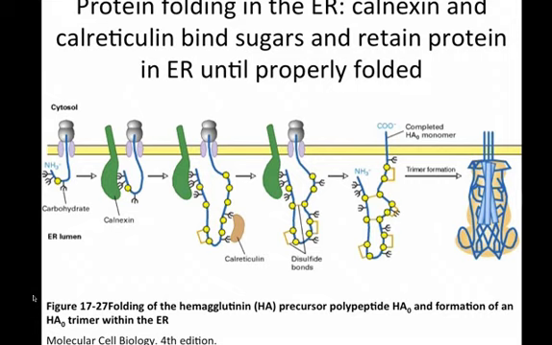So remember we talked about assembly of multi-subunit proteins, and so this is an example of what's happening with HA. There are these precursors, and they fold, and then they're assembled into the trimer, and then you've got your viral protein in your ER. How dare it? But the whole point here is calnexin and calreticulin are keeping that protein in the ER until it's properly folded and assembled into its trimer.